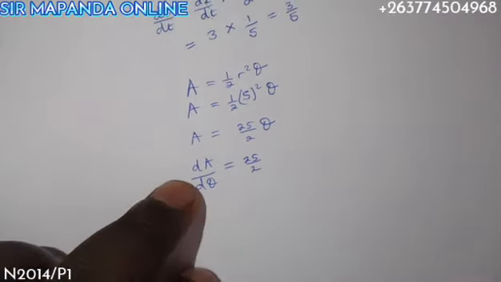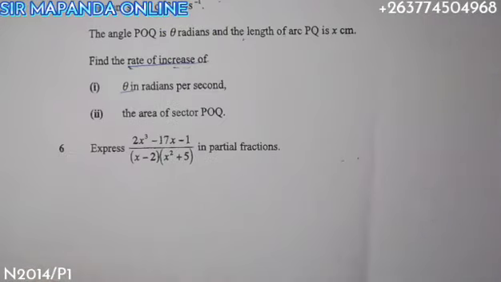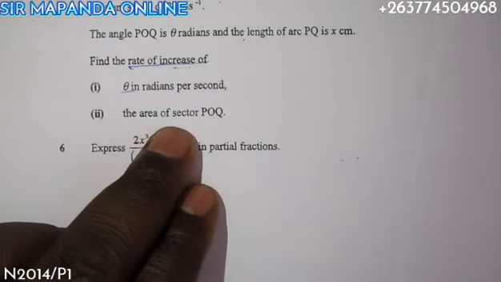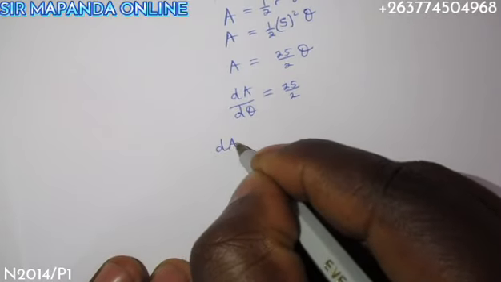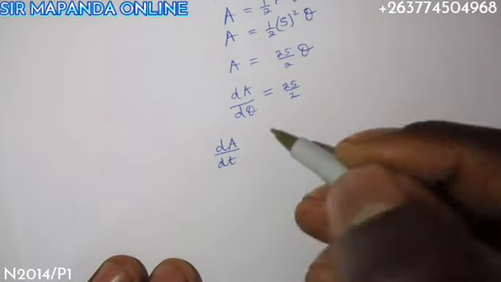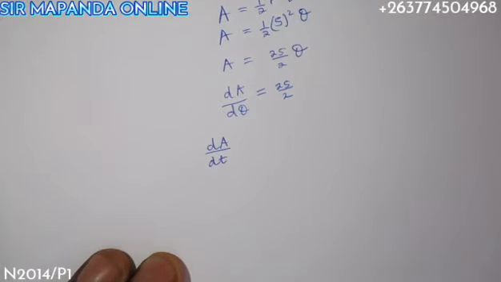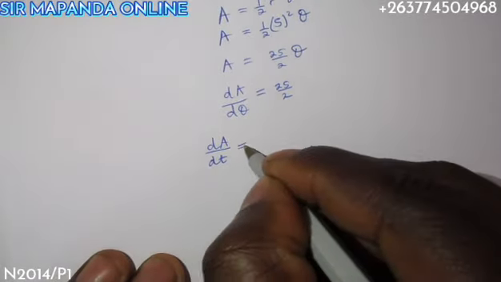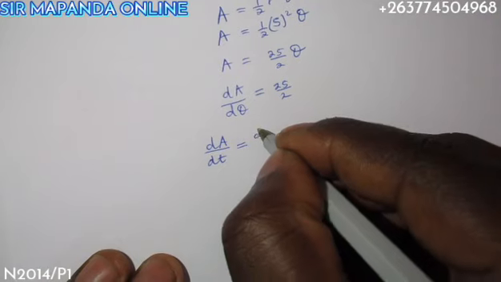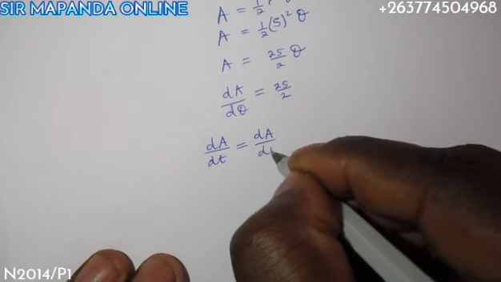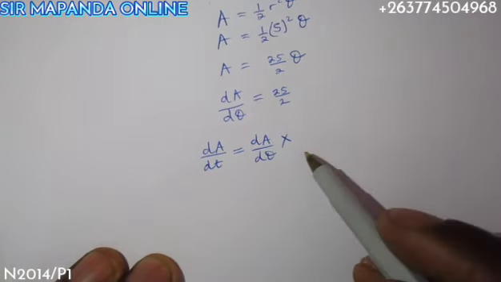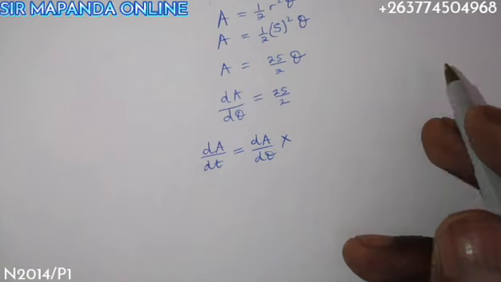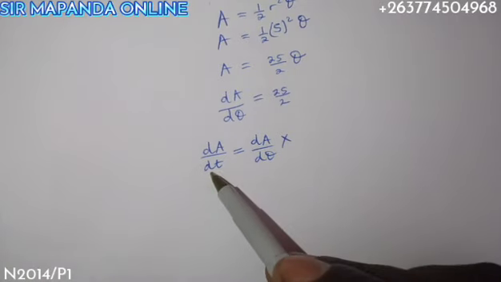Now that we have dA over d theta, we now want to find the rate of increase of area. So the rate of increase of area is dA over dt, because the area increases with respect to time. So I'm going to write dA over d theta. Then you multiply with a differential coefficient where d theta cancels off with d theta to get dA over dt.